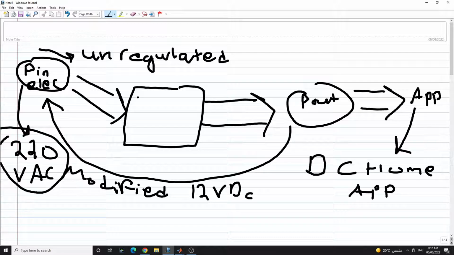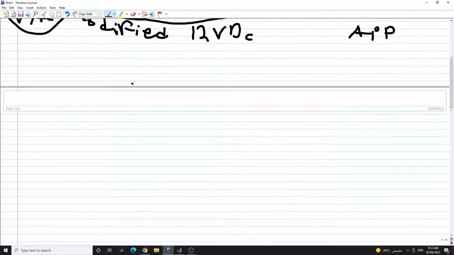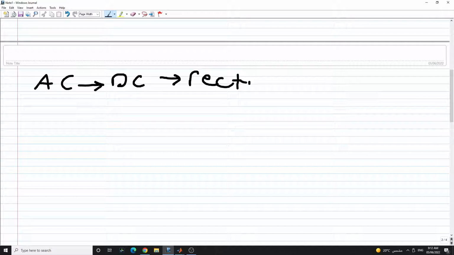And the method we use to do this is what we call a power electronic converter. Now there are various forms of conversion. For example, we can change from AC to DC, and usually we'd call this a rectifier. These are just some really common applications or terms in power electronics.